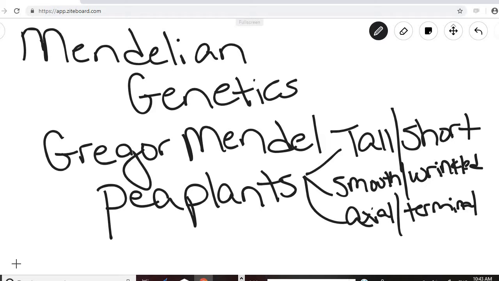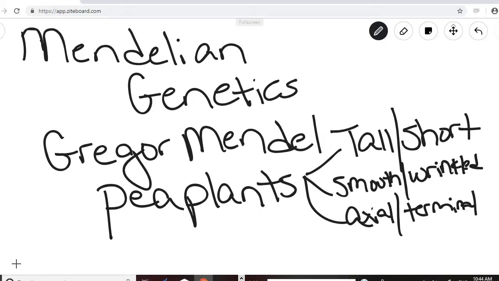And he noticed that when a tall pea plant was crossed or made to sexually reproduce with a tall pea plant, the offspring were always tall. And when short plants were crossed with short plants, the offspring were always short, and they were never in between.